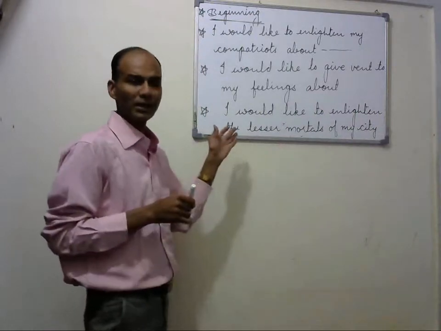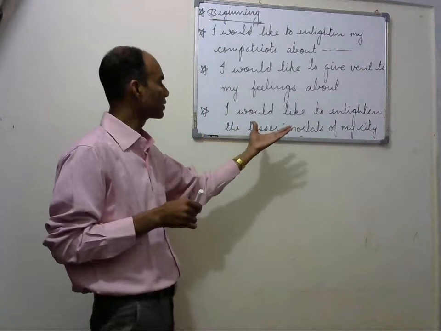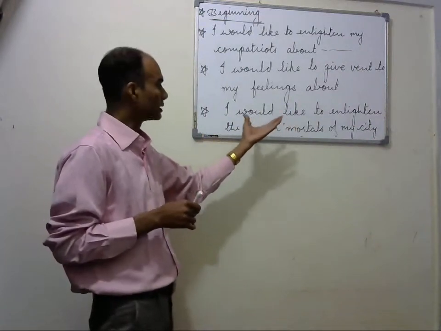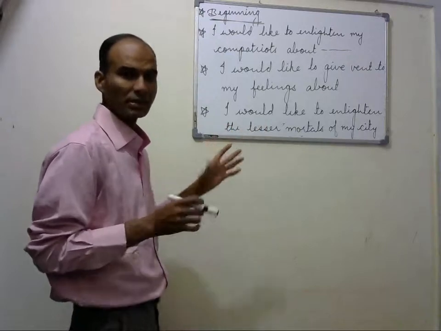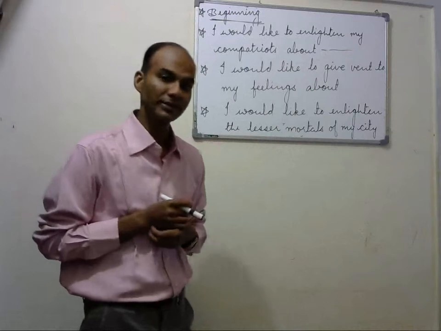Something like this can also be used; it means the common public, ordinary people, lesser mortals. Okay. This can also be written. Now these are some different types you may use to impress your examiner.